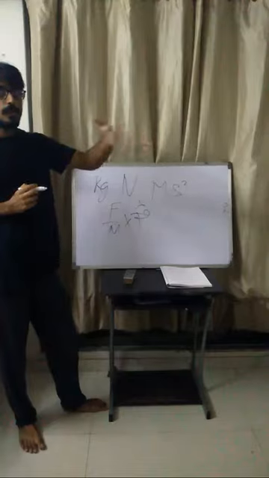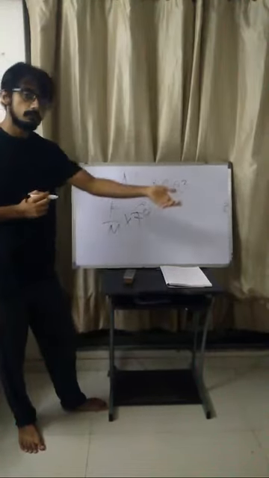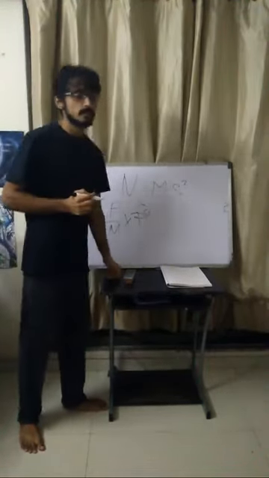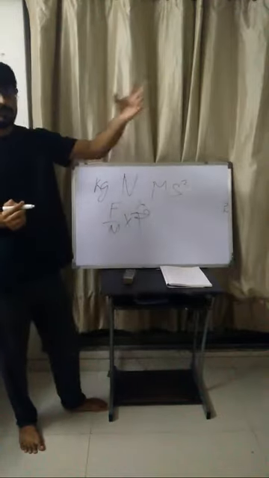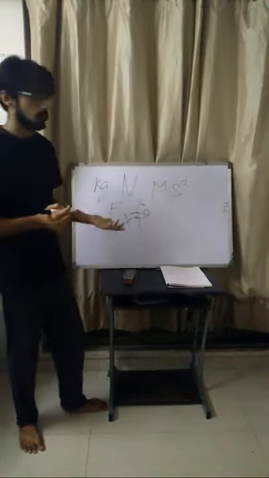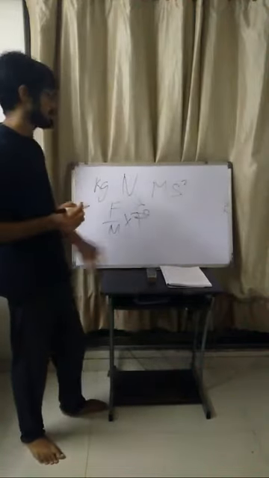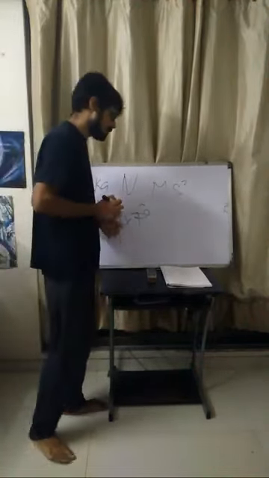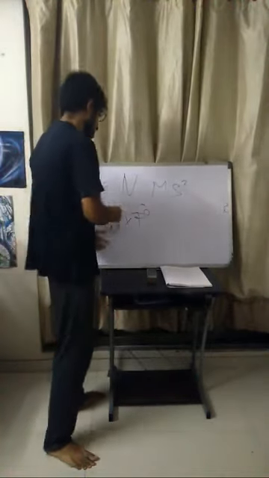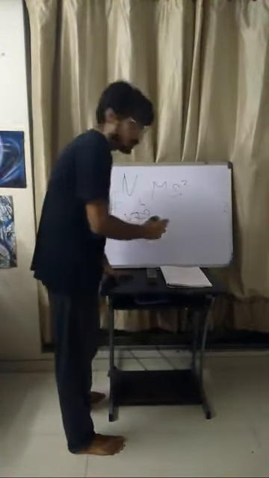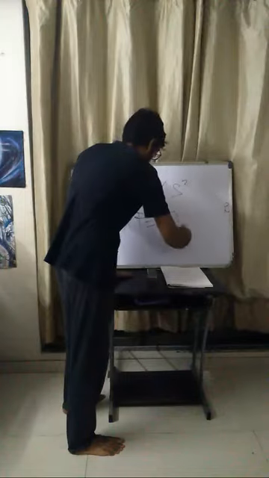The inertia of a body in a certain direction is its momentum. It's that simple. And that can be said as how difficult it is to remove the movement of a body. Very simple. How much force do you need to remove the movement of a body? That's its momentum, right? So once we have force, mass, time, this is momentum, right?